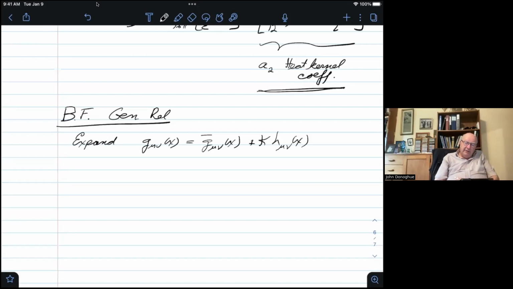I then expand all the quantities. So the connection can be expanded as the connection for the background.